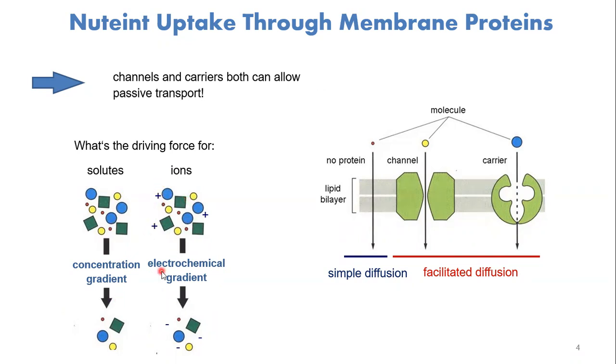For example, if the positive charge at one side is higher and on the other side of the membrane is lower, the ions, meaning the nutrients, can move from one side to the other side by using that charge gradient. क्योंकि अगर हम पोटेशियम को देखें या कैल्शियम को देखें या अमोनियम को देखें तो उनके ऊपर भी पॉजिटिव चार्ज होता है. तो अगर दूसरी साइड के ऊपर पॉजिटिव चार्ज कम है और एक साइड के ऊपर पॉजिटिव चार्ज ज्यादा है तो वो न्यूट्रिएंट्स they can move from that more positive charge toward the less positive charge.